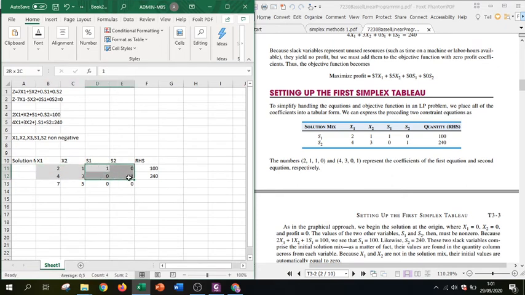This is like this, so this is S1 and this is S2.